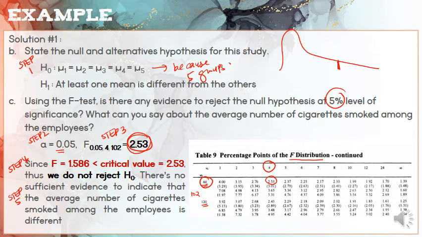Okay, your critical value 2.53. So, anything above 2.53 dah lies within the rejection region. Okay, so rejection region. Okay, so kita tadi calculate kita punya F 1.586.